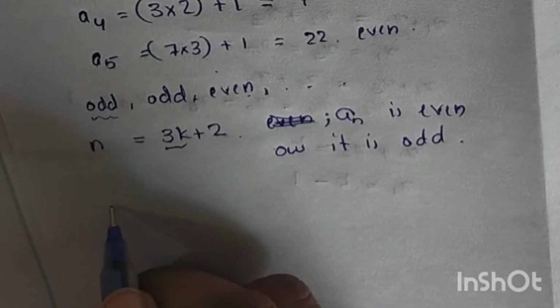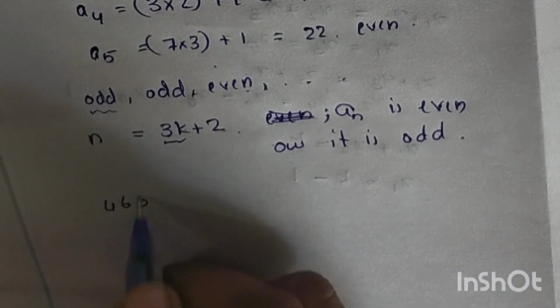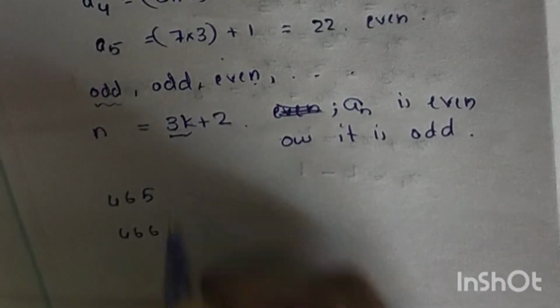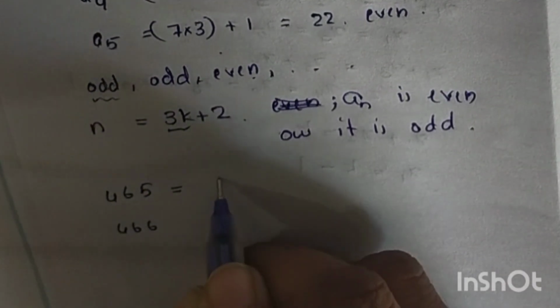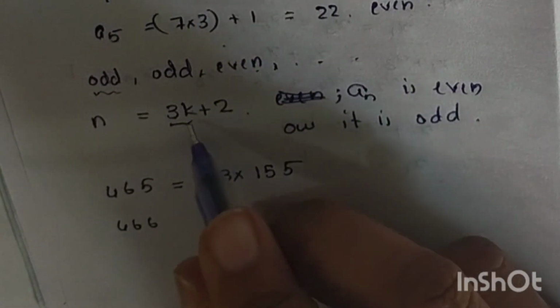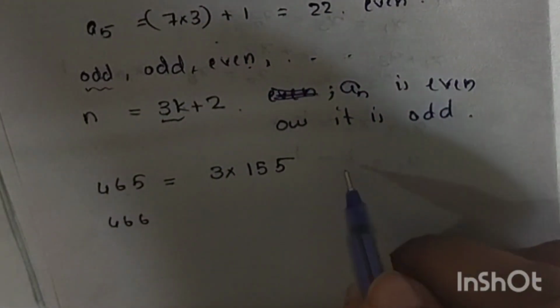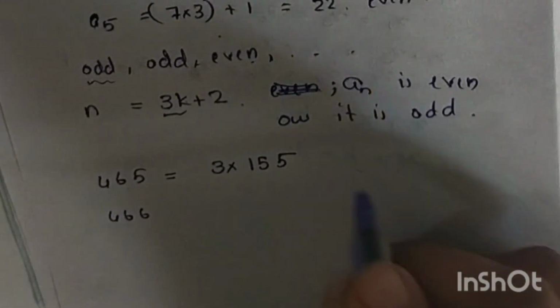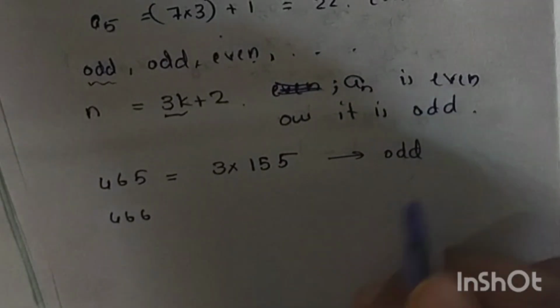So we just have to check for 465 and 466. 465 can be written as 3 into 155. So it is not of the form 3k plus 2. It is of the form 3k. So it will be odd.